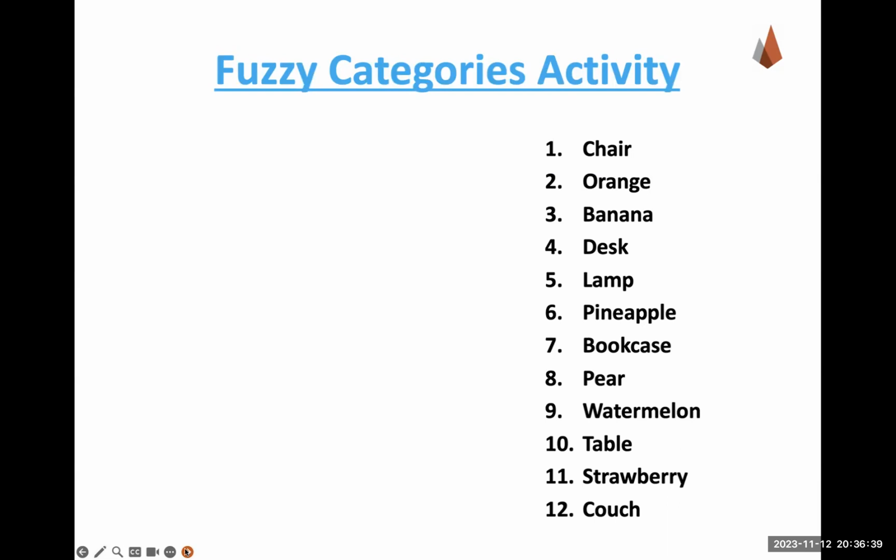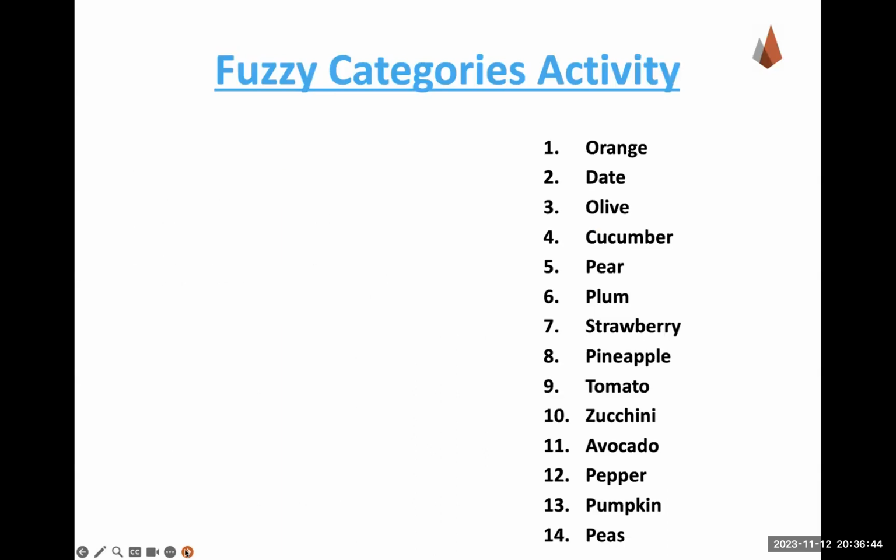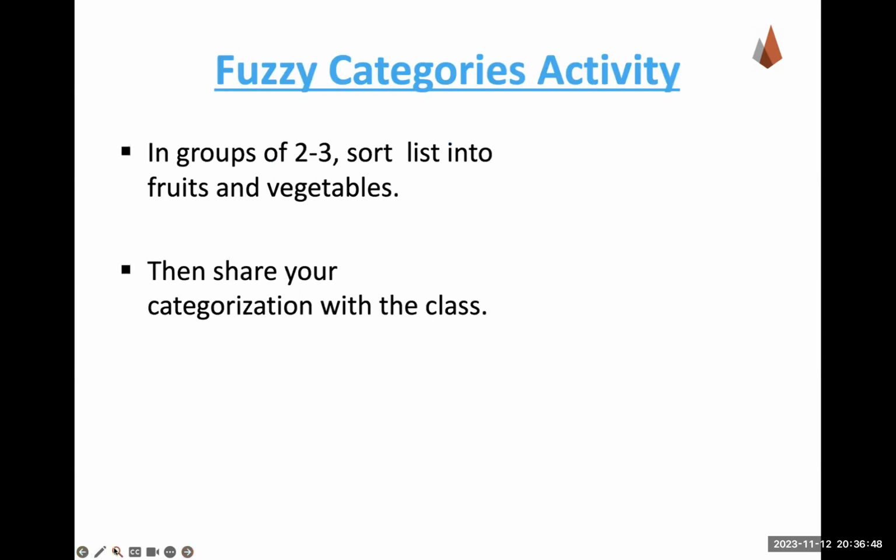What were your categories? Did you easily sort them into fruit and furniture?